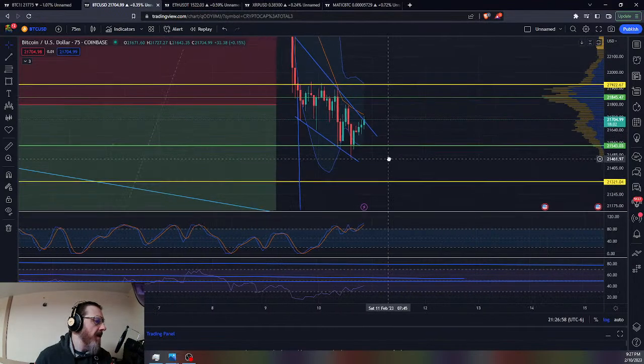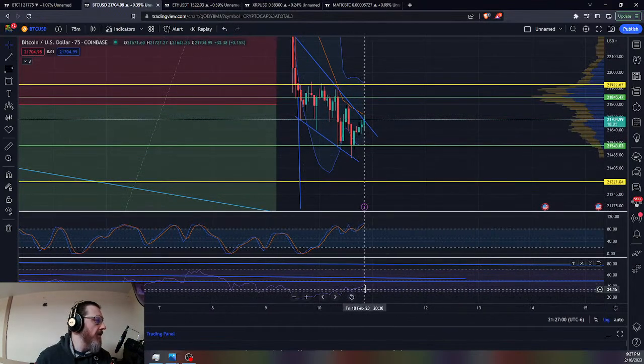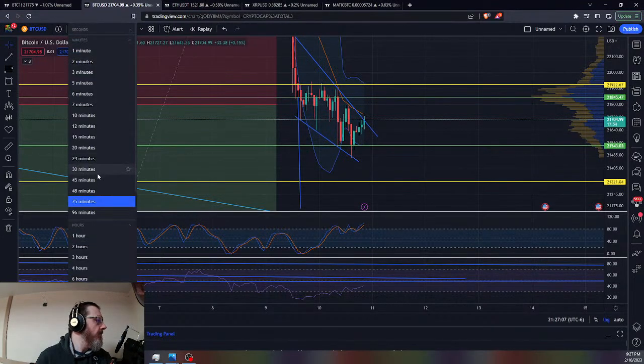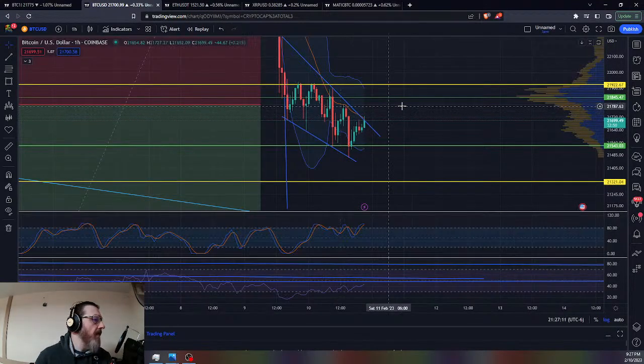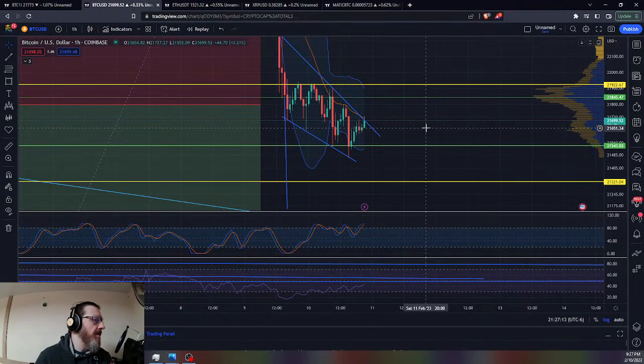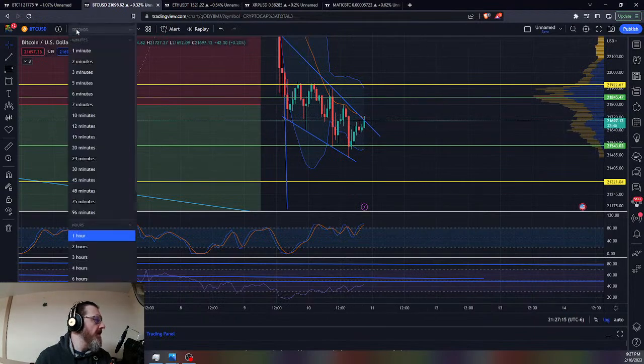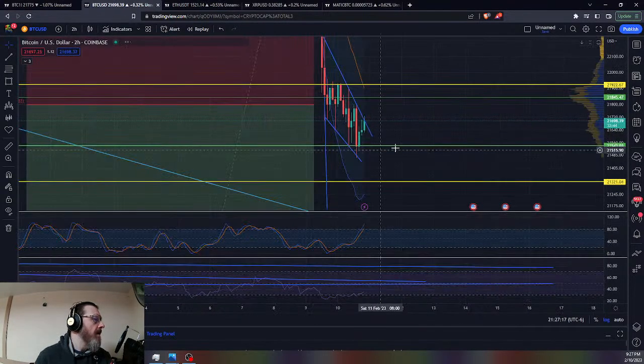This RSI right here, you've got plenty of bullish divergence on that 75-minute time frame, and trying to build strength up to that 50 level. And let me swing back real quick to the hourly, because sometimes you get a little different view, but it's showing us pretty similar.